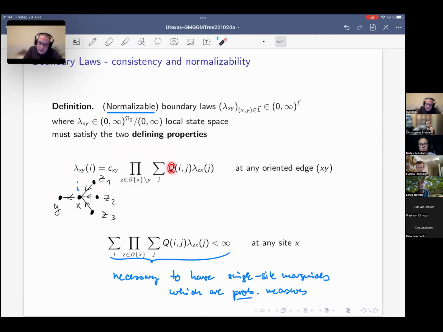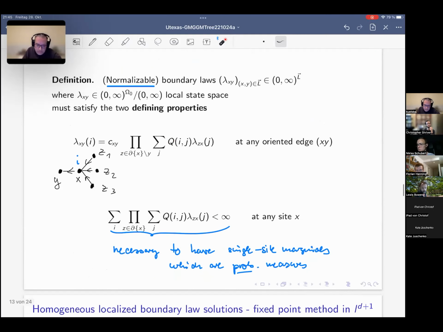What do you do here? You have the interaction, which in general can be a matrix, Qij, and you have to multiply with the incoming oriented edges starting from, let's say, Z1 and going to X, Z1X. Take the matrix product, and then you take the product over these things. And so this is multiplicative freedom.